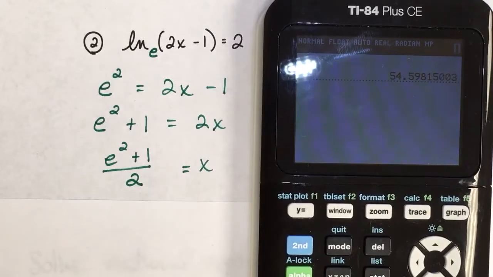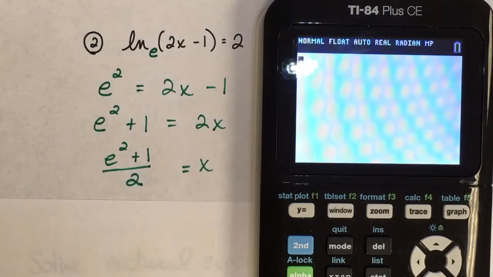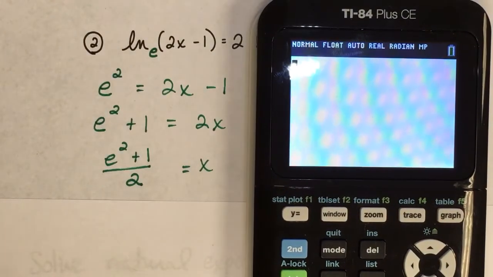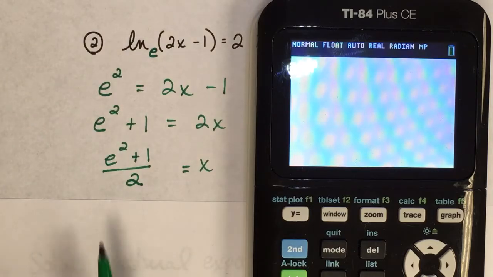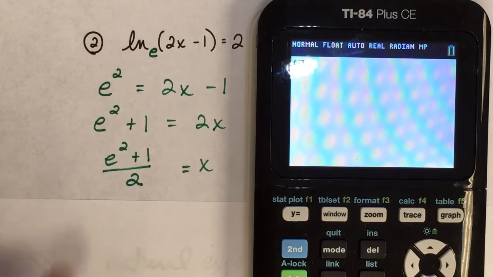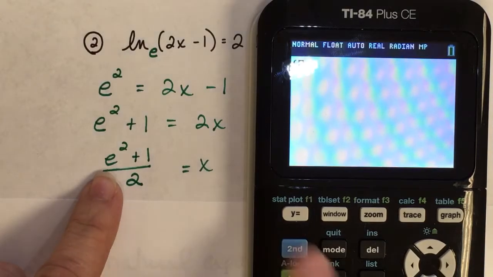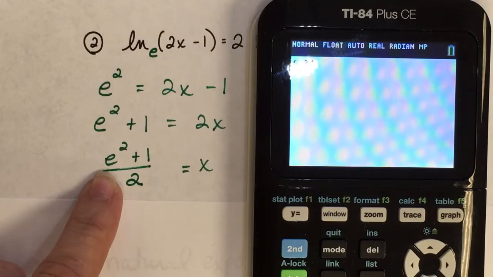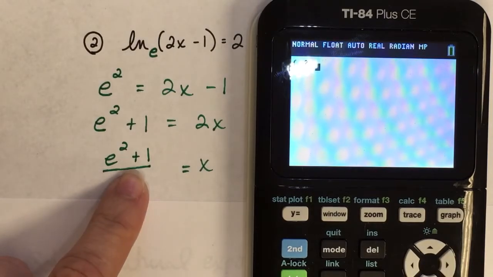So putting this in your calculator. If you're going to put this all in one step, you do need to put parentheses around your numerator here. So open parentheses and then second ln, because that's going to give you your e squared plus 1.